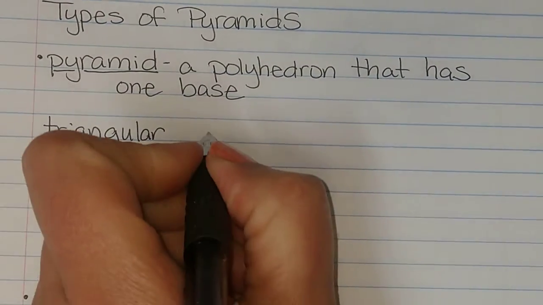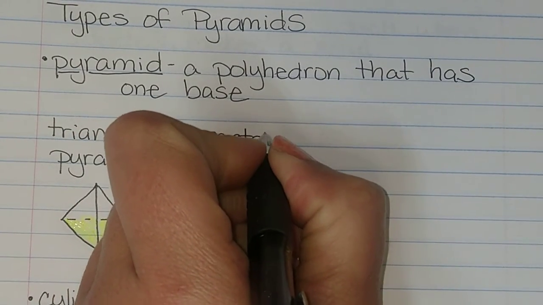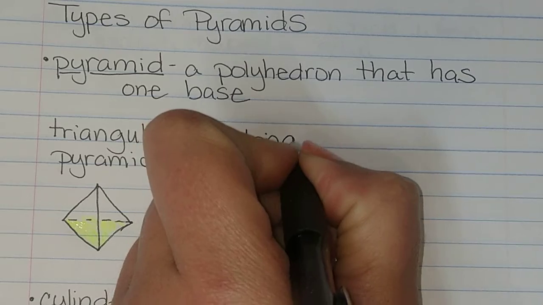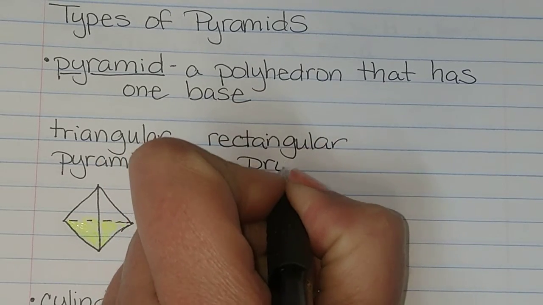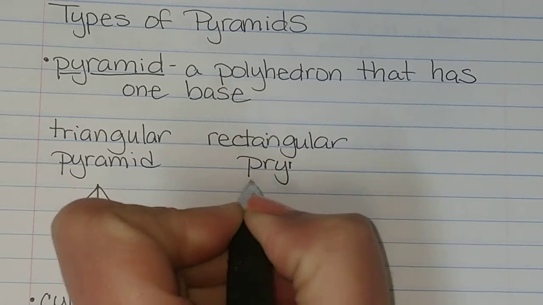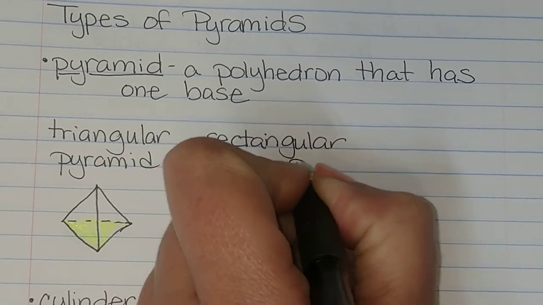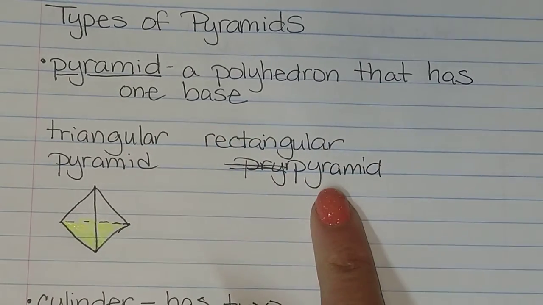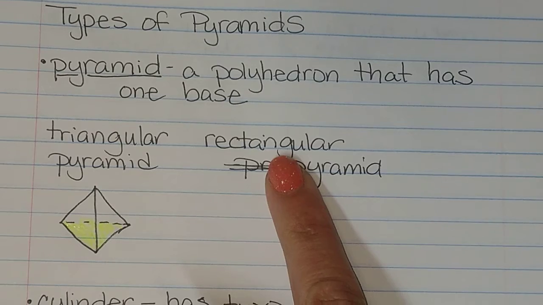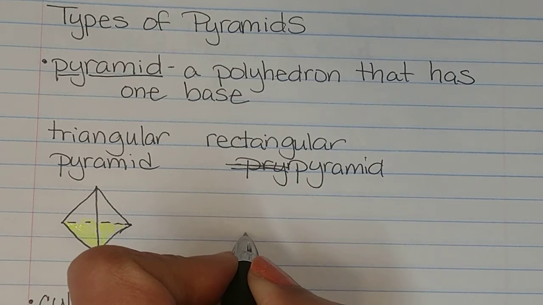Now what about a rectangular pyramid? A rectangular pyramid has the root word rectangle, so I'm going to draw a rectangle.